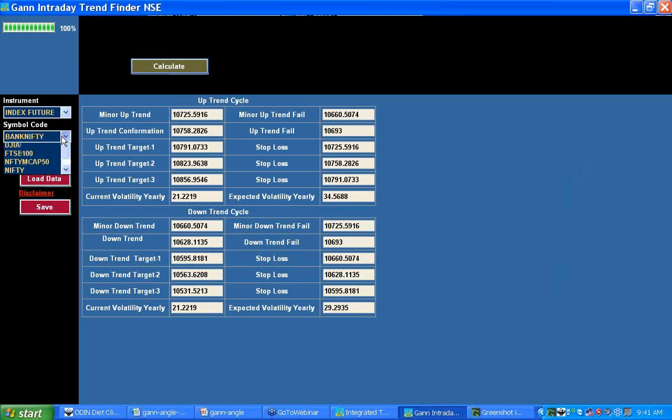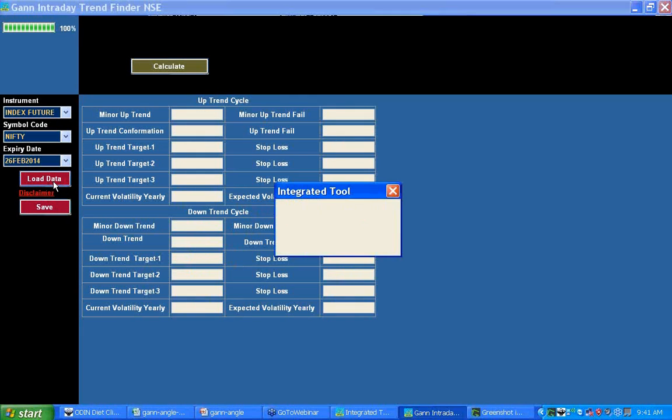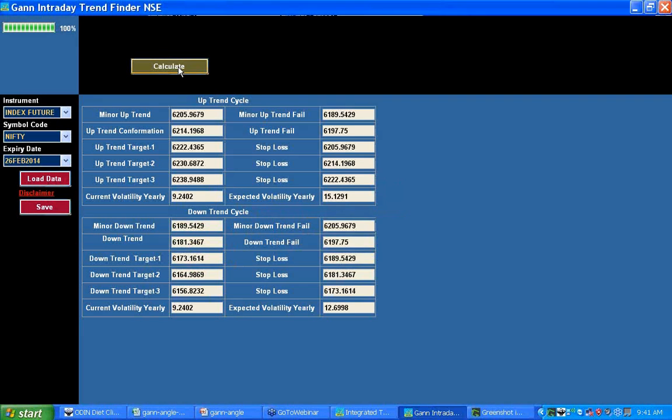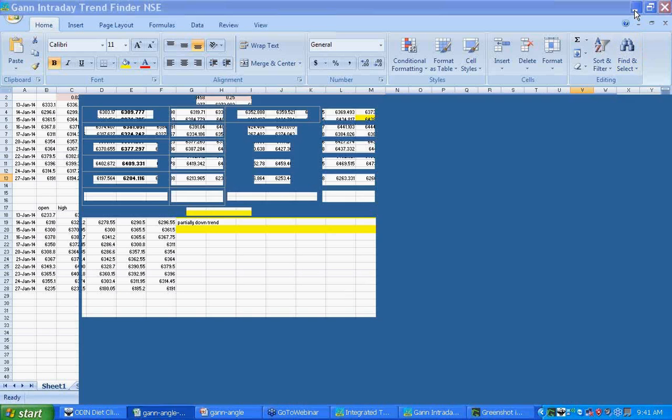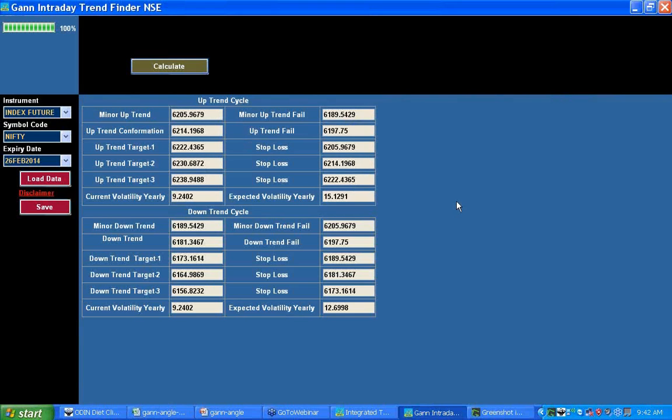Then I'll go for the other one, which is Nifty, and see what Nifty is telling. All these principles, 6205, the same thing you have seen there also, the Gann angle principle I have shown you, near to that only. The same principle is being used here. A little bit of modification is there, 6204 point something, so you will be getting slightly different values, but close values.